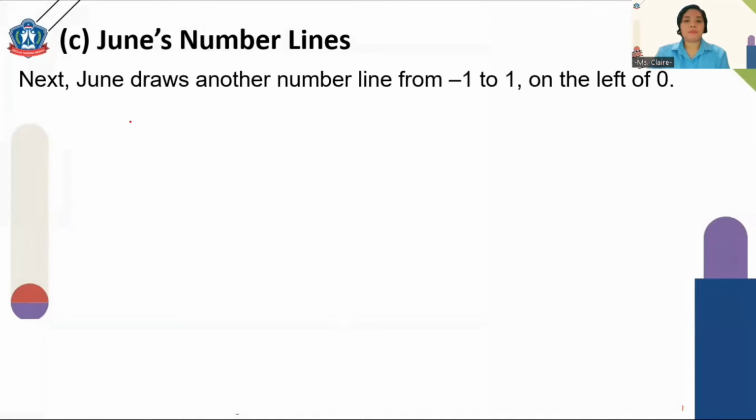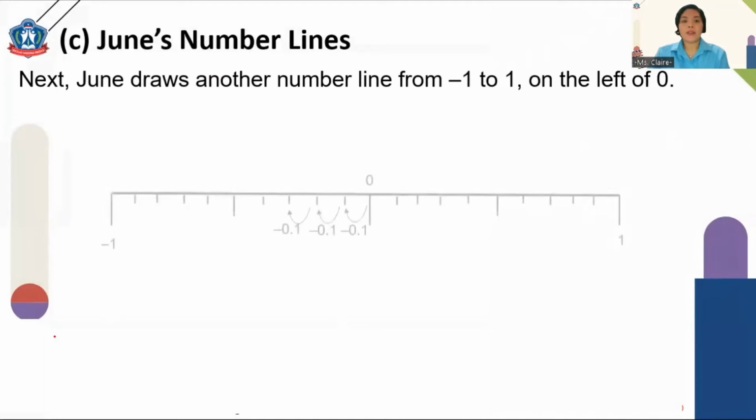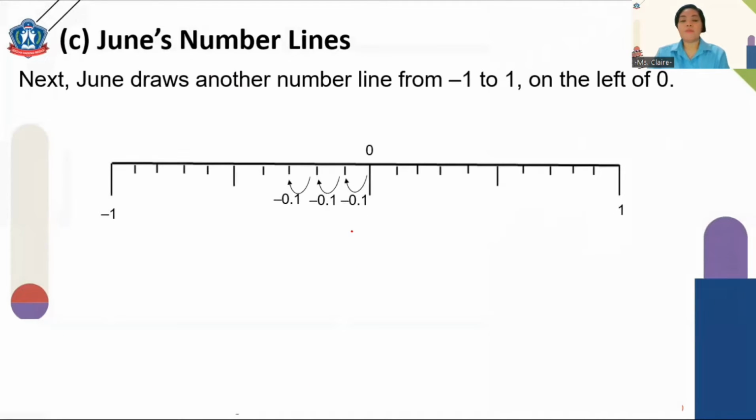Now let's continue. Next, June draws a number line from -1 to 1. Do you remember before, children, that the numbers on the left side of 0 are negative numbers, right? Earlier, from 0 going to the right is 1, 2, 3, 4. This is 4/10, right? 0.4, this part here. How about if we go to the left of 0? We will start from here, so we count this as negative.